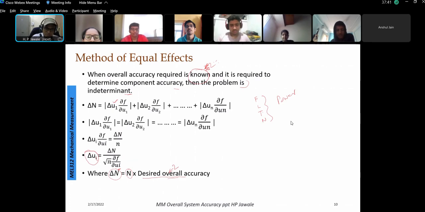So if I know that n equals 4 and the equation relating to this, that is 2 pi nT by 60 in terms of watts, is known, I can have the partial derivative of this function. So I can know what shall be the error in force measurement if I take the partial derivative of this complete function with respect to force measurement. So this value is known and this also is known. So you can anticipate what shall be the error in the force measurement, right?